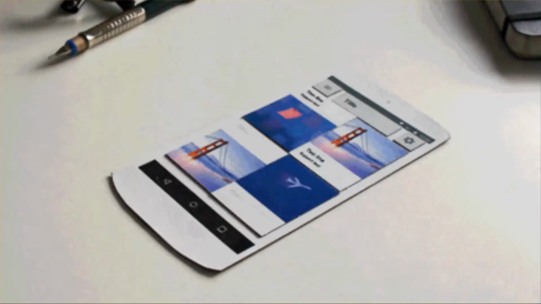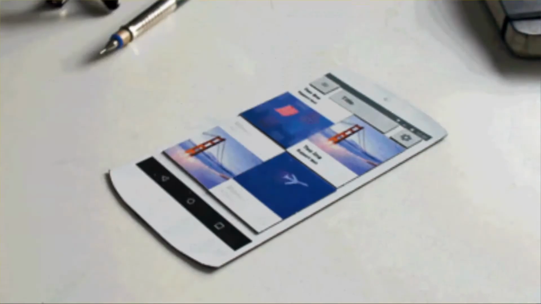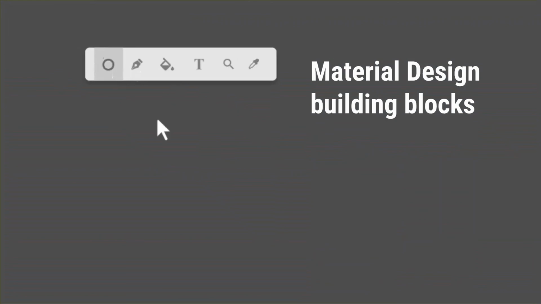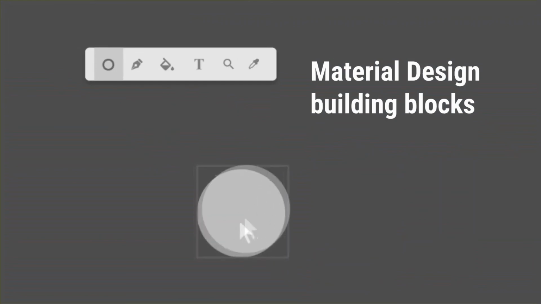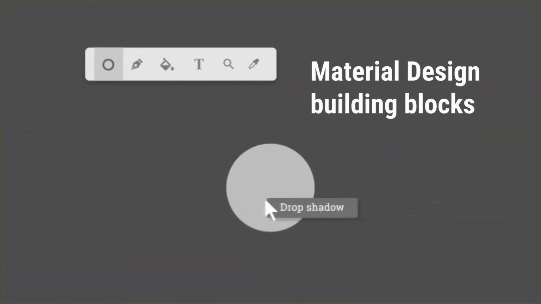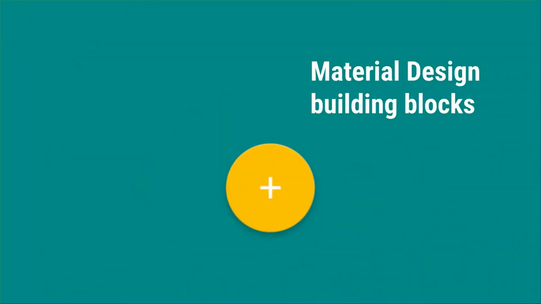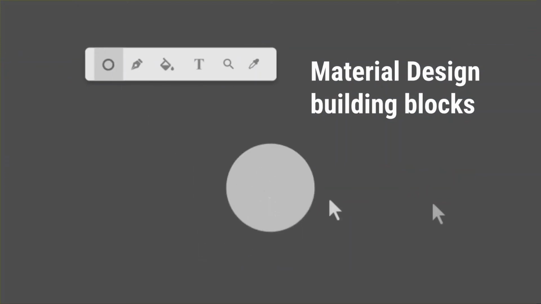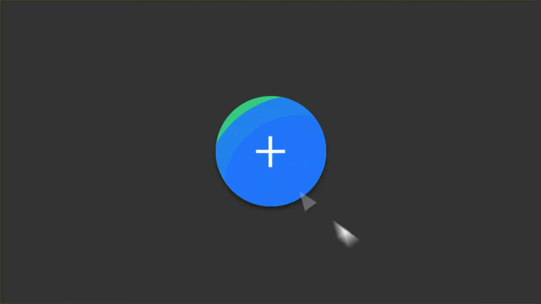And if you want to try this out, we're going to look at some common user interface elements that are used in material design all the time. So the building blocks for material design apps and websites. The first building block, most likely the most common interface element in material design, is the paper floating action button.